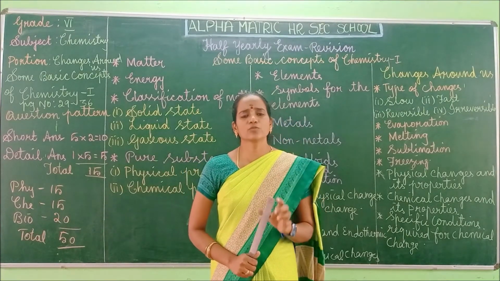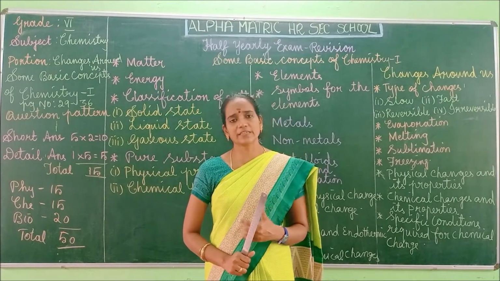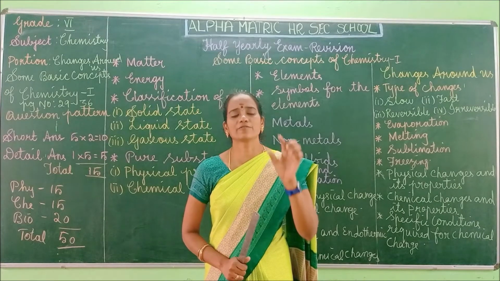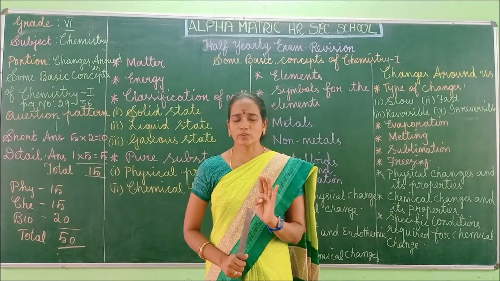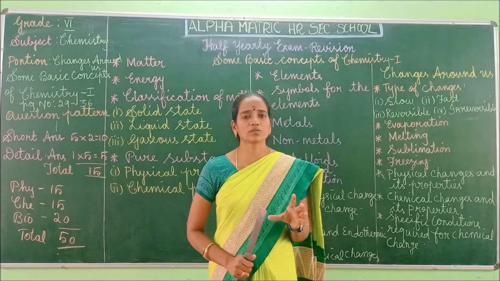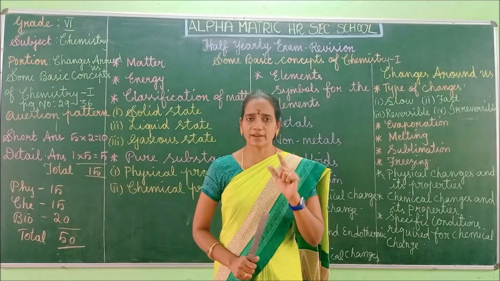When compared to solid, liquids have lower density. So these are the points you have to write about liquids. Minimum 4 points you should write. You can write of your own also, not at all a problem, but the particular concept should be there, right?